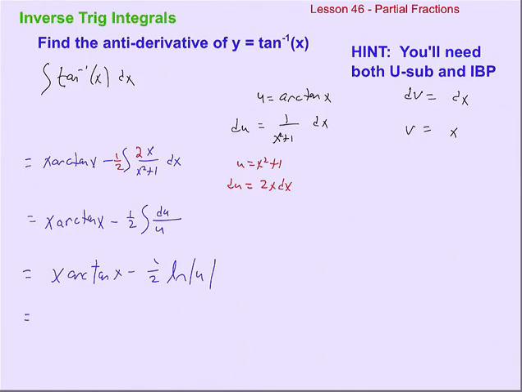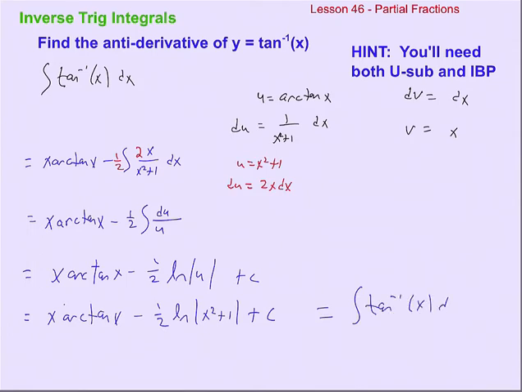And so our last step, plus c, is just to put that u back in. So x times the arctangent of x minus 1/2 times the ln of the absolute value of x squared plus 1 plus c. And that is the antiderivative of arctangent.